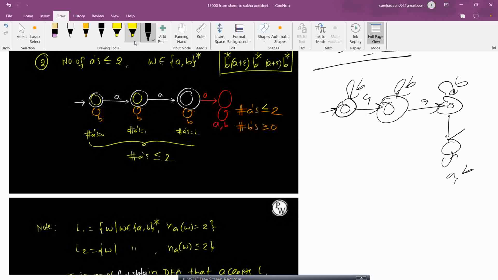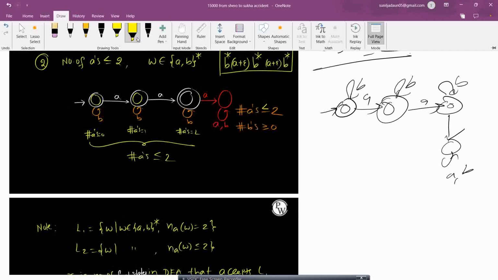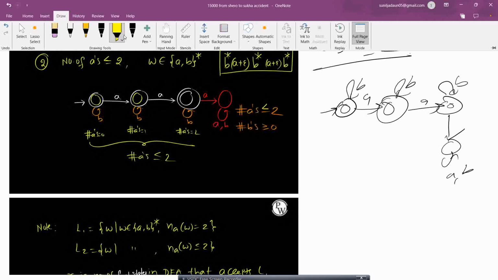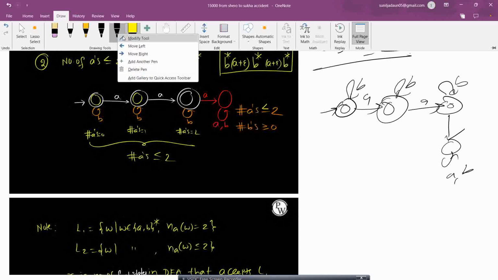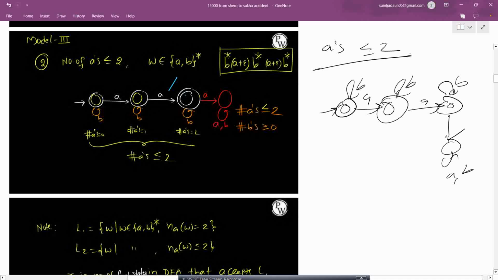I don't want to add it, but how can I remove this? Can I remove this pen from here? Can somebody help me? Modify mode or delete highlighter. Alright. Okay. What color can I do? I think this color is good. Yeah.